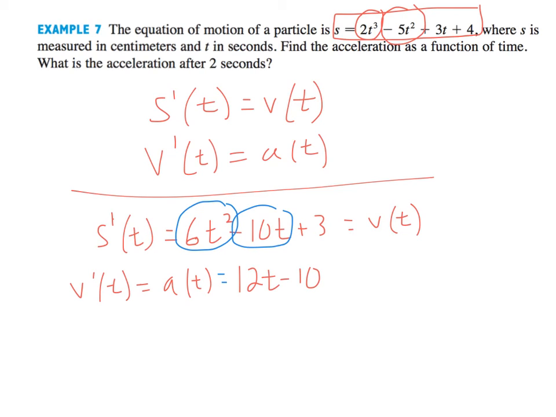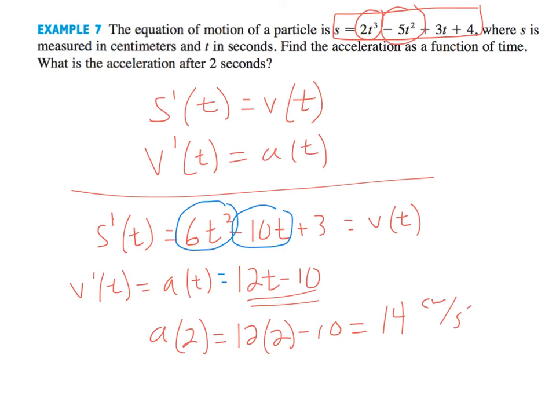So here's my acceleration function in terms of time, and what I want to know is the acceleration after 2 seconds. All we need to do is sub in 2 for our t, and we get an answer of 14, which our units, remember, would be centimeters per second squared. So this is the acceleration after 2 seconds.